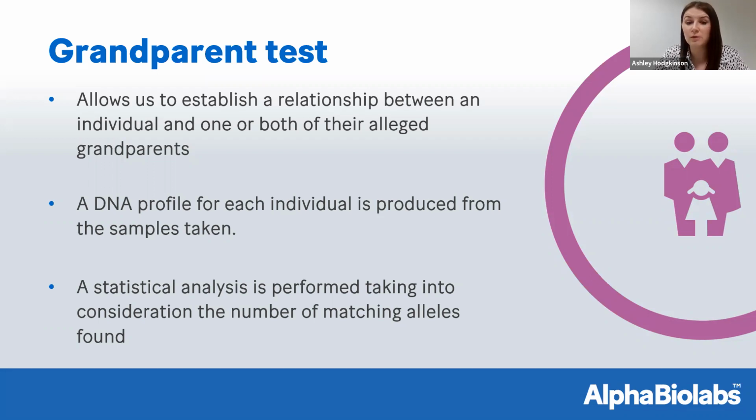So a little bit uncomfortable to ask, but it's really important, as obviously if they're not the alleged father's biological parents, then this test won't work either. So it's just really important when we look at complex relationships that we establish that we're testing the right people. If we're not testing the right people, then we're not going to get the result that we're looking for. So it's really important to establish that from the beginning.